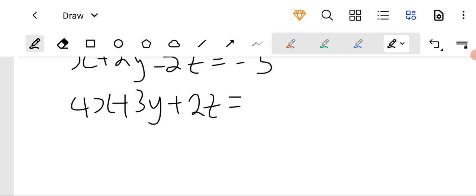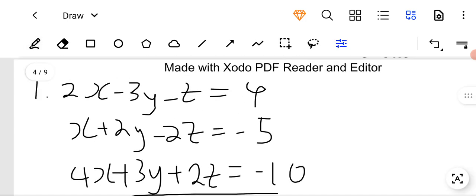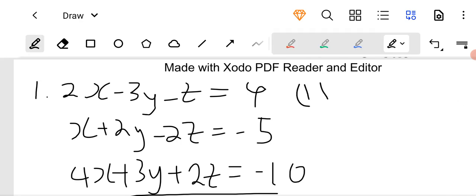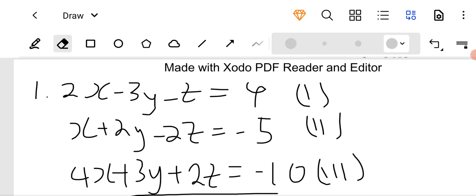Okay, we name our equations. I'll simply call this our equation 1, this is our 2, then this is our 3. Let me just clean out that part. So this is our 2 and then our 3.